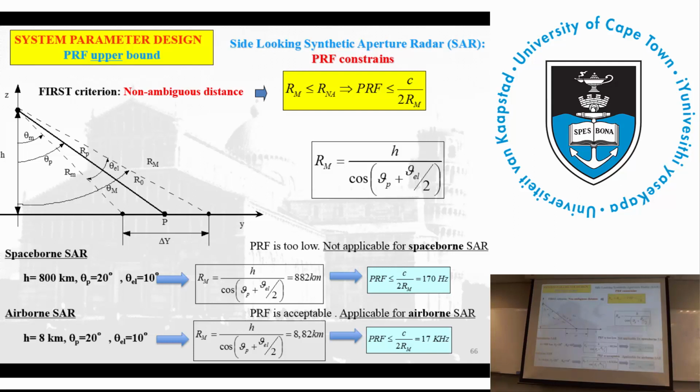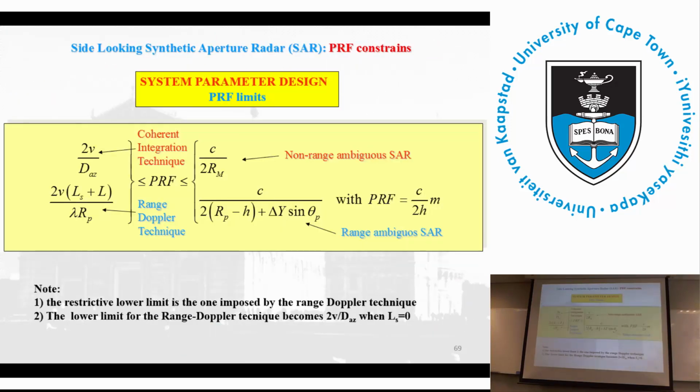PRF has got a lower bound and an upper bound. The lower bound, so the minimum PRF that we want to use, depends on the bandwidth of my received signal. There we go back.